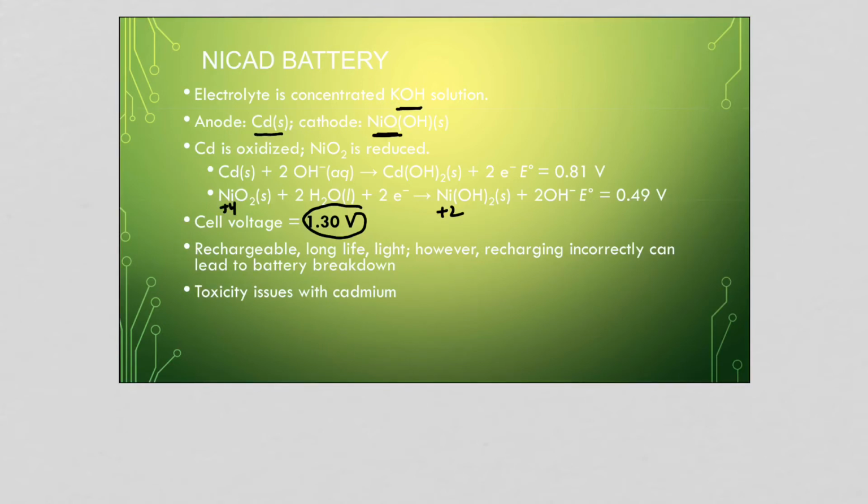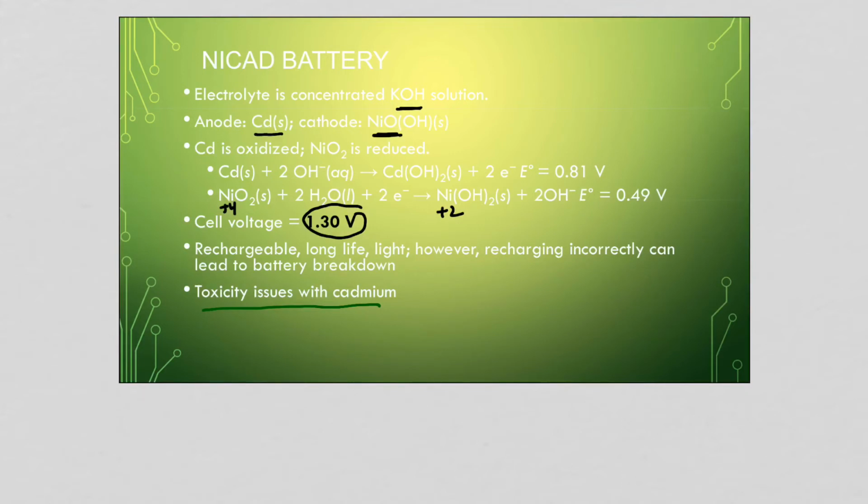You didn't want to overcharge them. So these were kind of finicky in the recharge process, which could shorten the battery life. The other main issue with this type of battery is the toxicity. The cadmium is toxic, and this had a lot of issues with disposal.